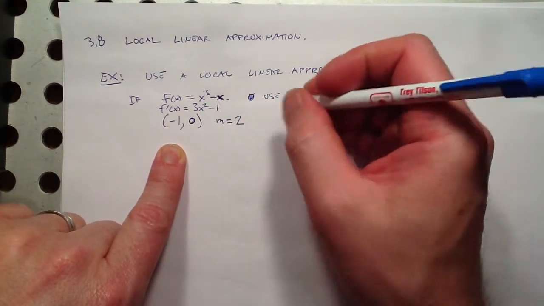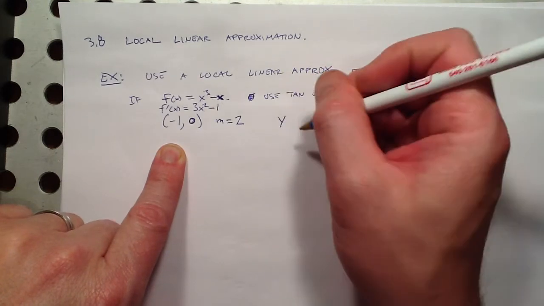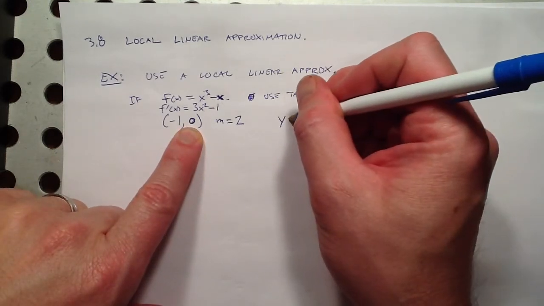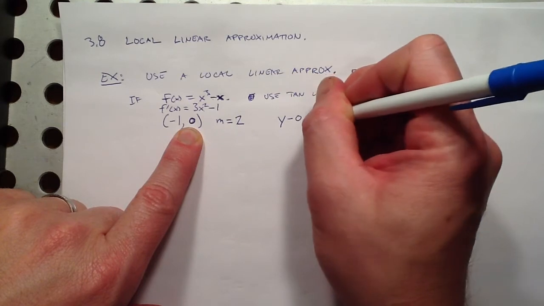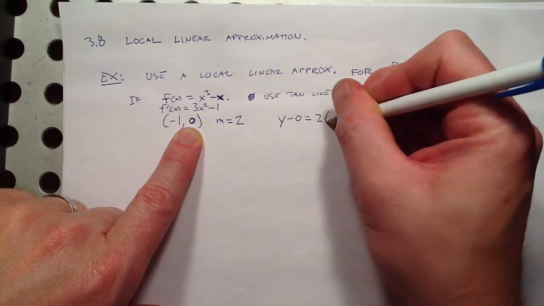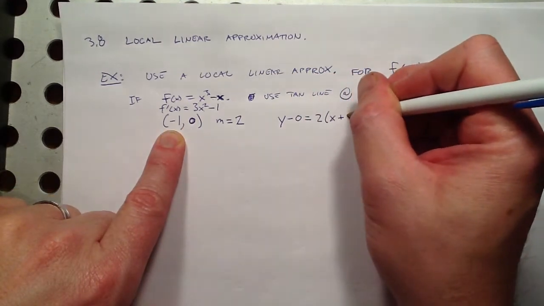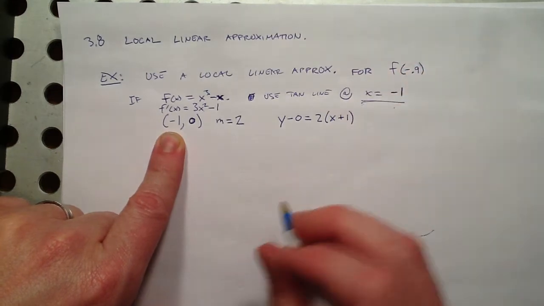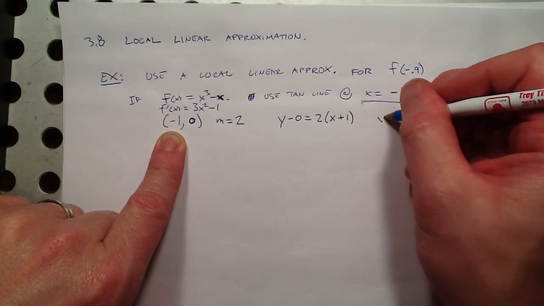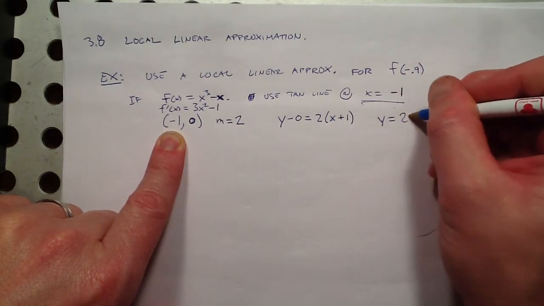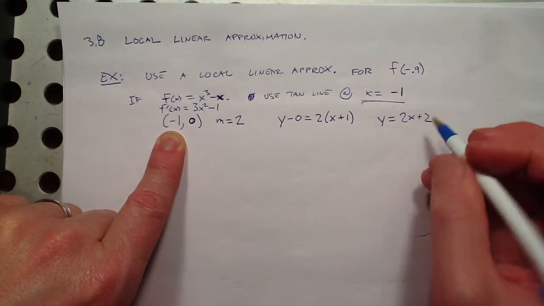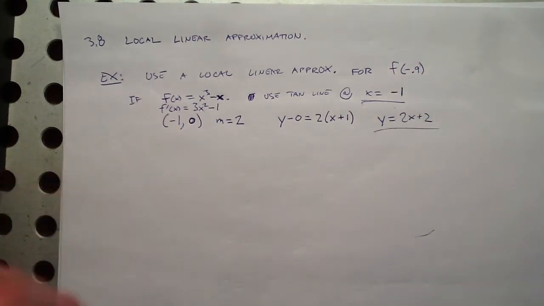All right, so in point-slope form, I have y minus 0 is equal to 2 times x plus 1. And go ahead and write that in slope-intercept form. So there's the tangent line.